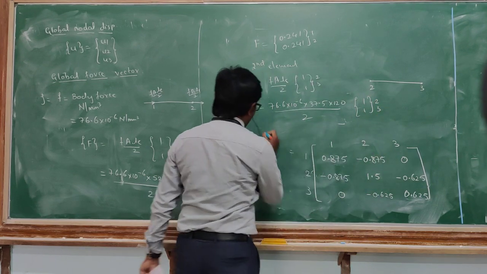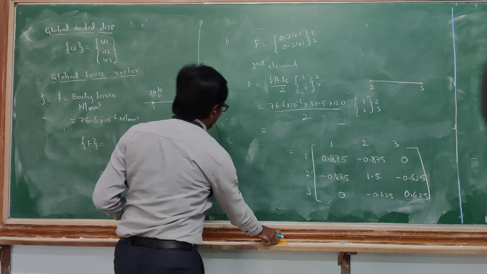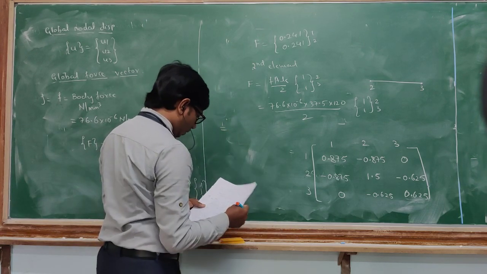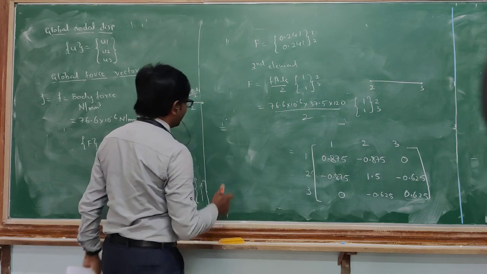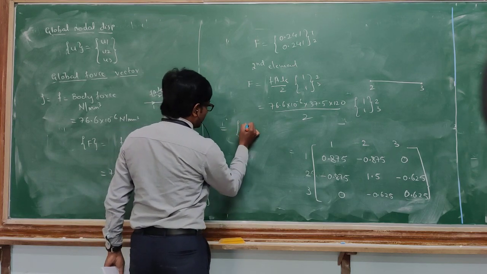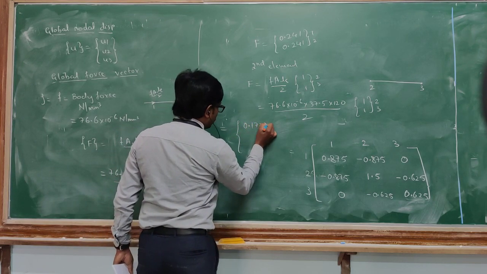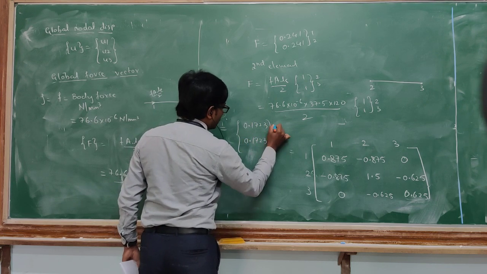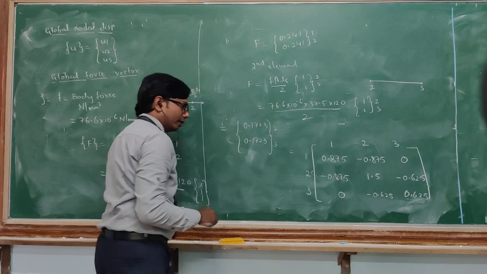So you will be getting the value as 0.1723. The nodes which are related are 2 and 3.